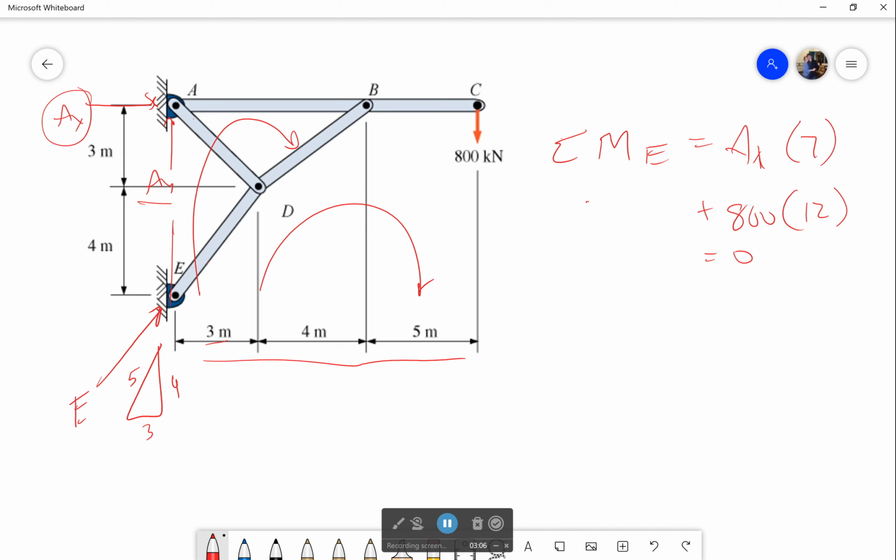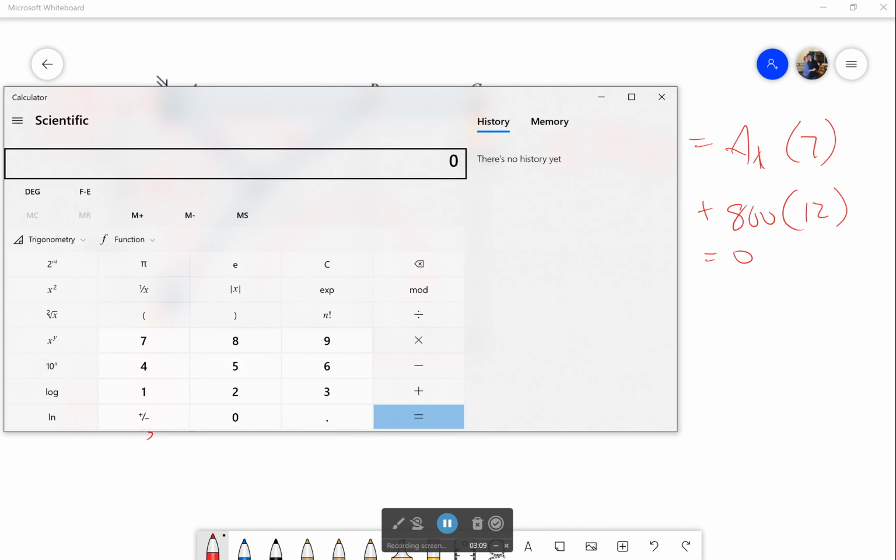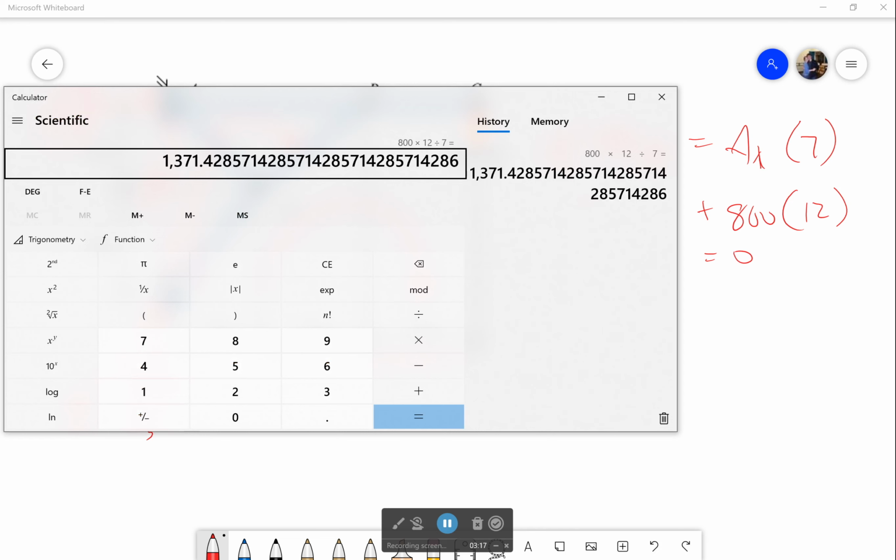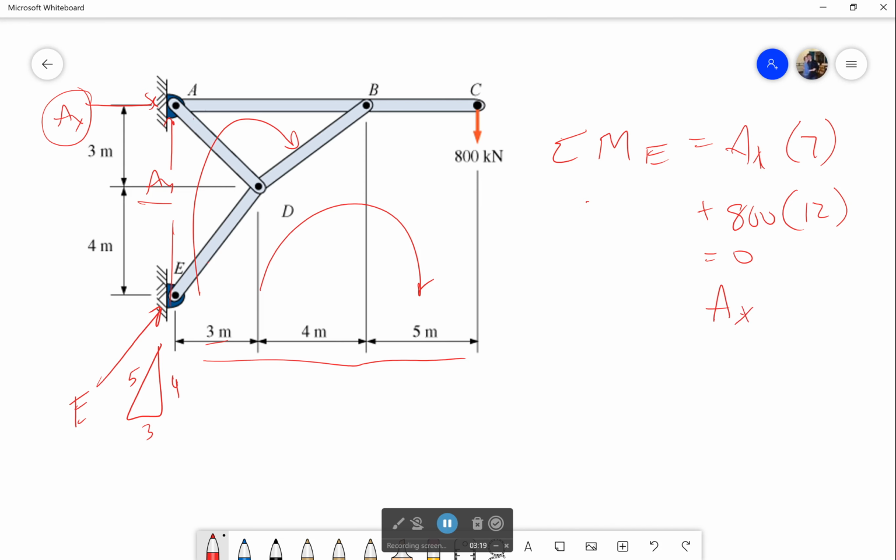If I put this into my little calculator, what do I get? Well, I get 800 times 12, and then divided by 7. So AX comes out to be 1371. Okay. So I'll go ahead and draw that in the correct direction now. And I get 1371.